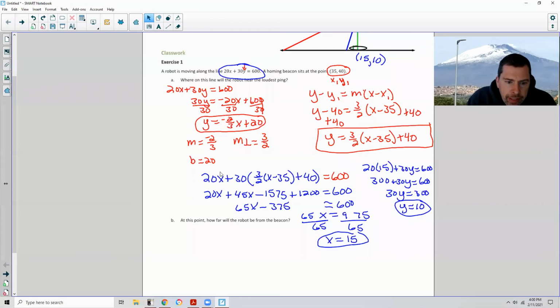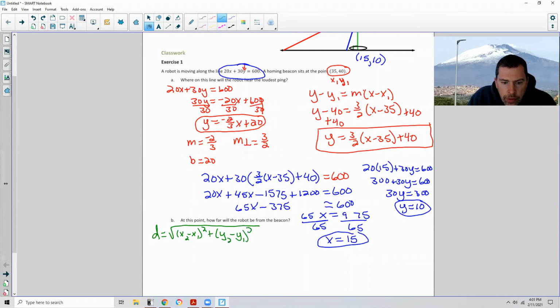Okay, so part B says at this point, 15, 10, how far will it be from our beacon? Well, remember, distance equals the square root of x sub 2 minus x sub 1 quantity squared plus y sub 2 minus y sub 1 quantity squared.